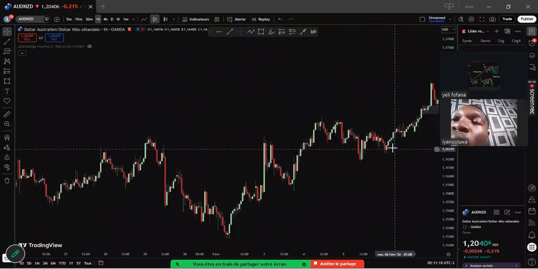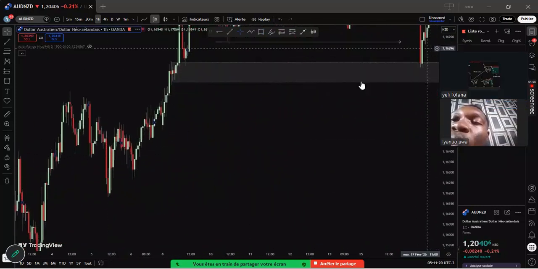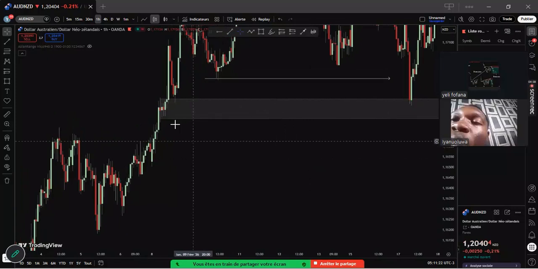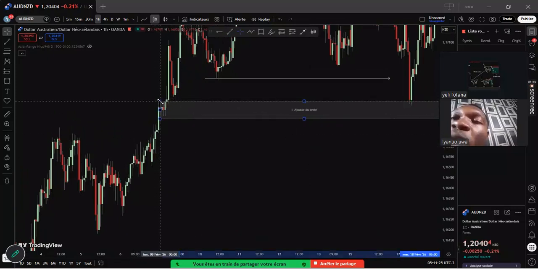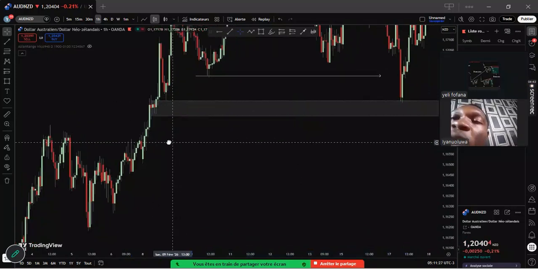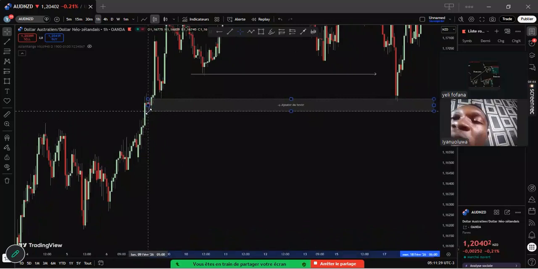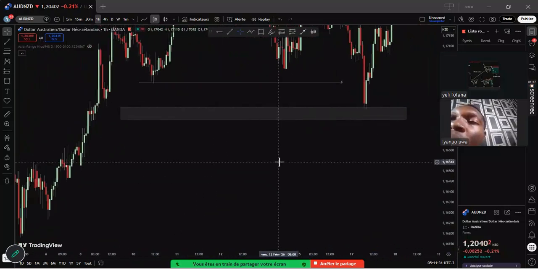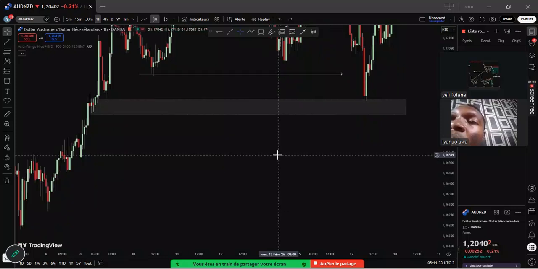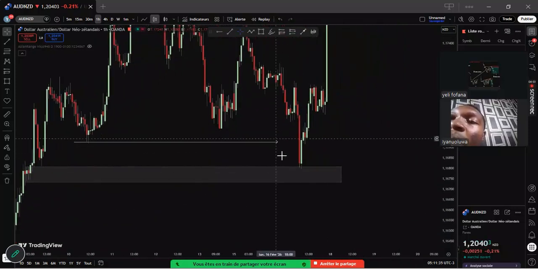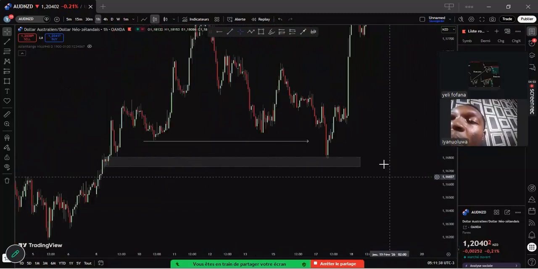You know other blocks, right? Yes, exactly. After price took this liquidity, we know that all is complete.